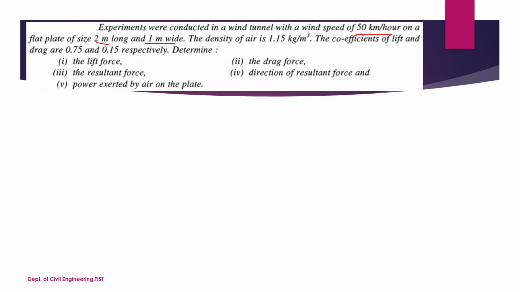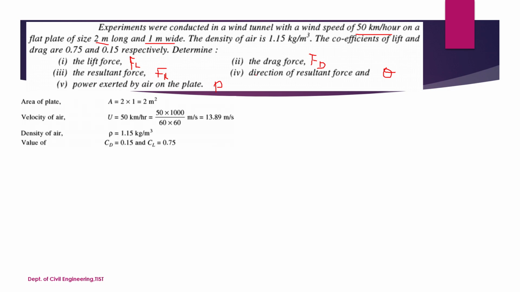Determine the lift force, that is Fl. Determine the drag force, that means Fd. The resultant force Fr is to be found out. The direction of resultant force, that is theta, is to be found out. The power exerted by air on the plate is also to be found out. So these are the things to be found out.